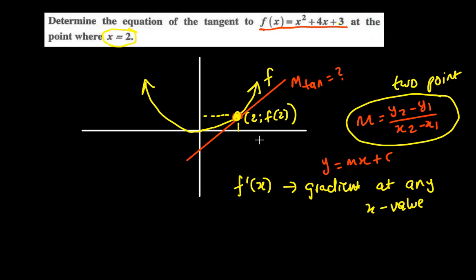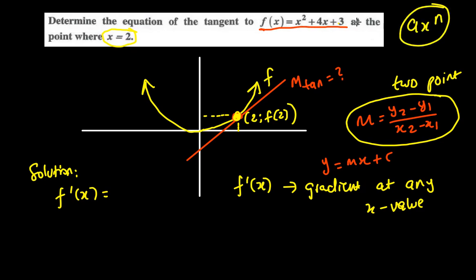So how do we get the derivative of f? So I'm gonna write solution here, right? So first of all, we have to find the derivative of f by applying the rules. Already it's in a correct format of a x to the power n, right? So I'm just gonna apply the rules. Remember, here it's 1, so I'm gonna say 1 times the exponent, which is 2, and then I say x, and then I say 2 minus 1.